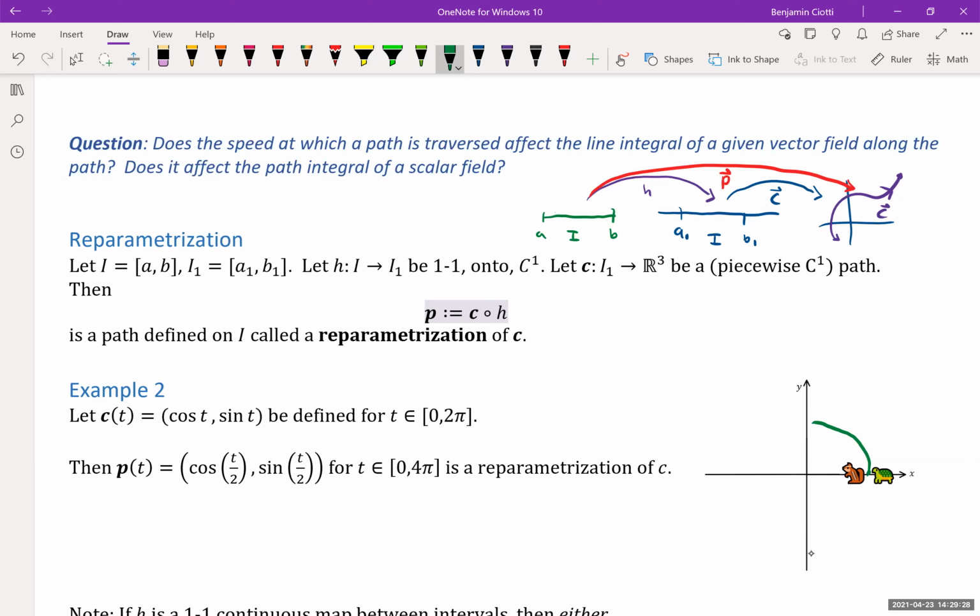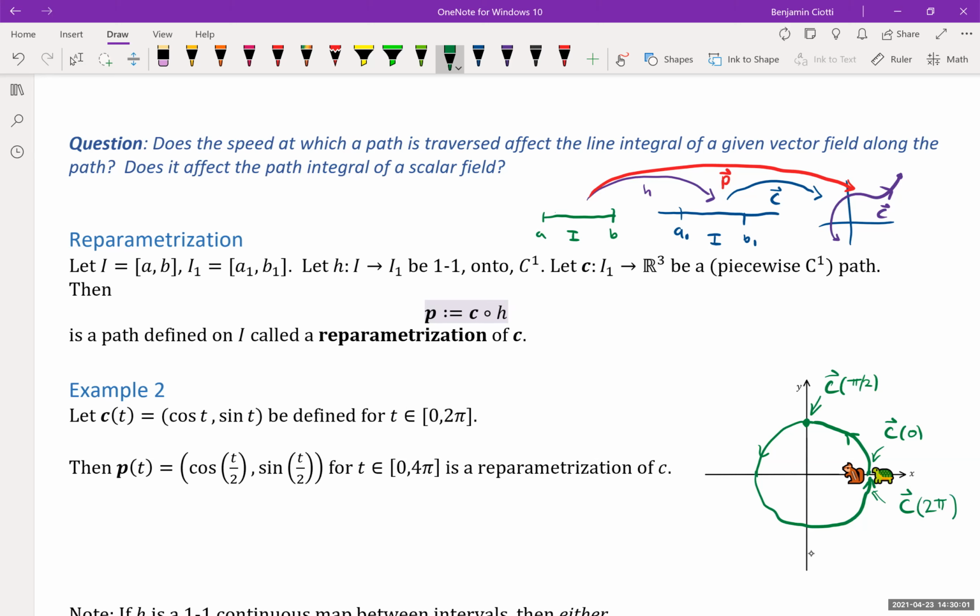It starts out when time is 0 at (1, 0), then starts moving around in the counterclockwise direction. It hits the y-axis at time pi over 2, goes all the way around, and makes it back home to where it started in 2 pi units of time.